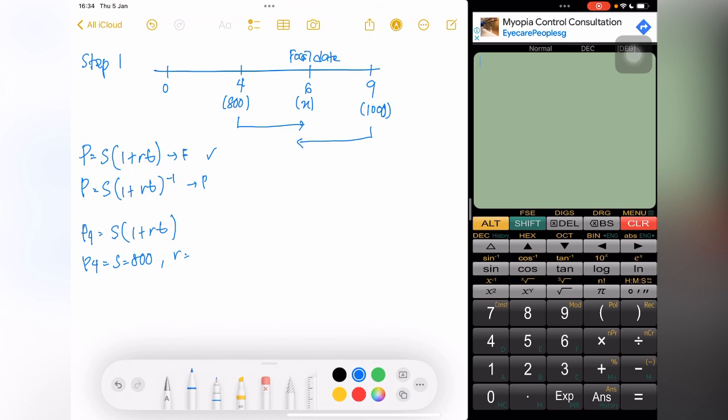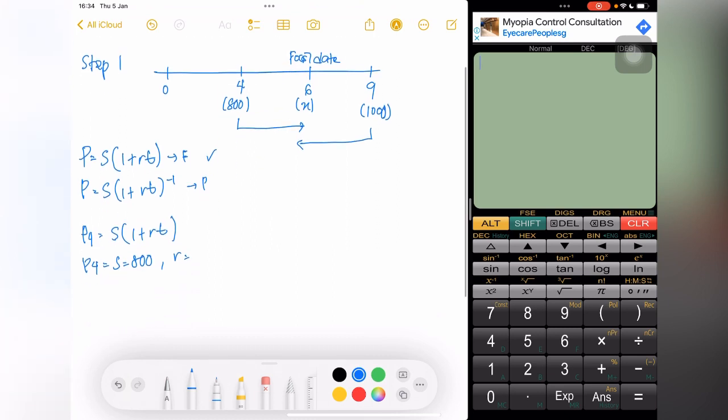R kita dalam soalan dia dah bagi, iaitu 6%, 0.06. Dan T kita adalah 2/12. Kenapa 2/12? Sebab dari 4 nak ke 6 ni berapa bulan? 2 bulan, betul tak jarak dia? So kita letaklah 2 per 12. 12 tu adalah 1 tahun berapa bulan?